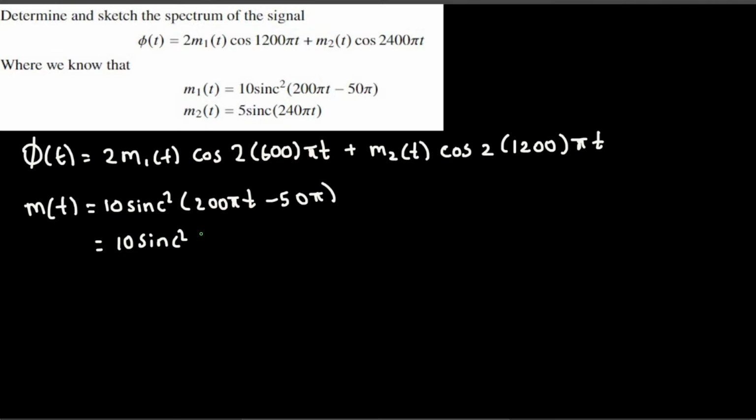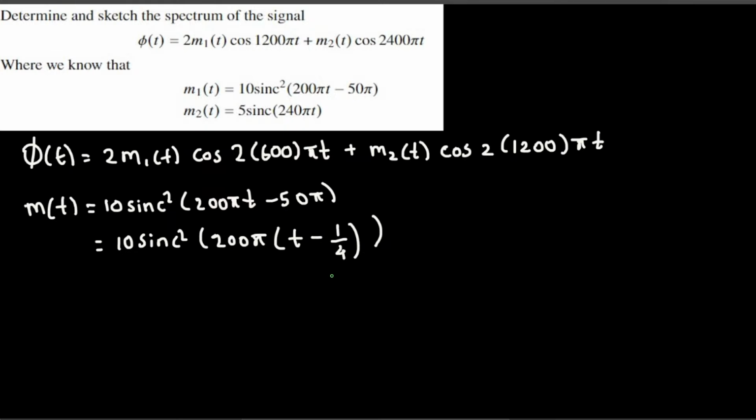If I take 200 pi common, this is going to be t minus something: when I multiply this with something, I should get 50 pi. So that means I have to divide by 4 in order to get 50 pi. So this one is 1 over 4. The 10 is already taken. Okay, and this is what it's going to be.